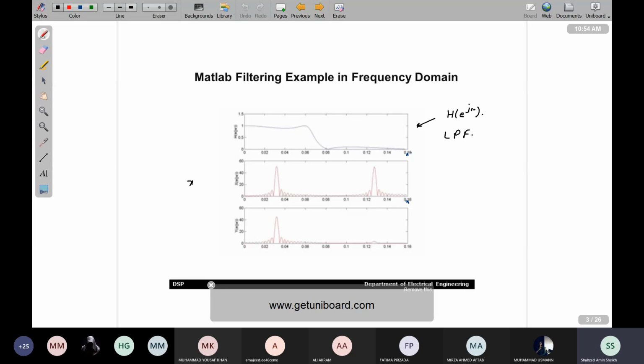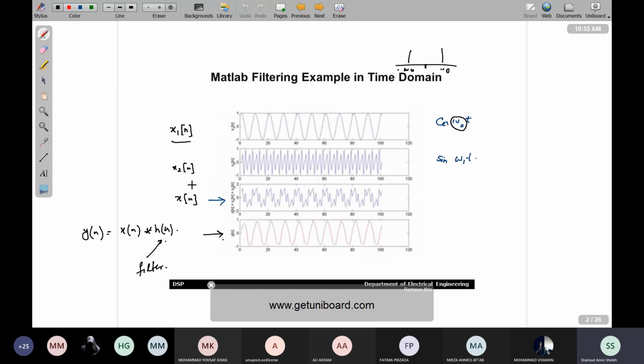And that's my X of omega, which is nothing but capital X of omega, the frequency response of this composite signal, this one, where x of n is equal to x1 of n plus x2 of n.